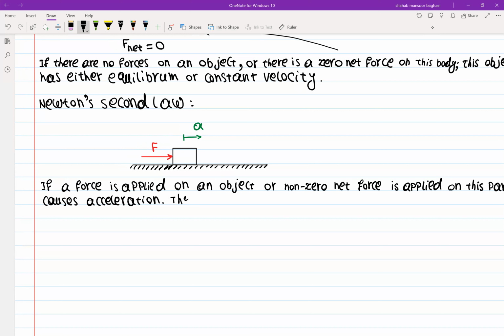The direction of the force and acceleration is the same.